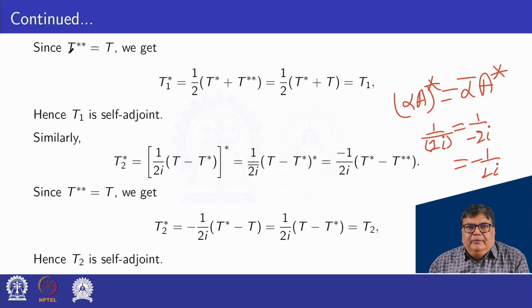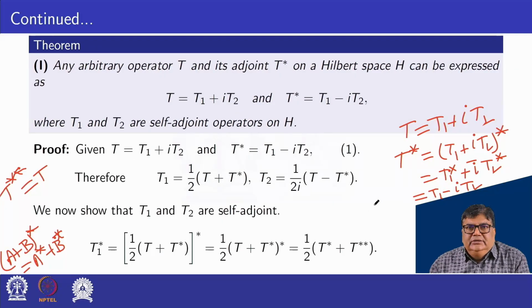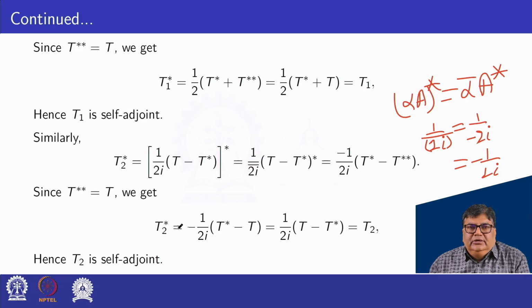Again, applying T double star is equal to T, we have minus 1 upon 2i (T star minus T). Therefore, 1 upon 2i into (T minus T star), this is T2. So this proves that T2 is also a self-adjoint operator.